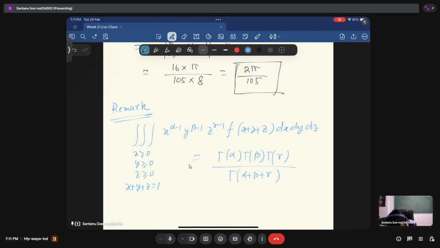Okay, so this is just the direct formula to compute this integration.